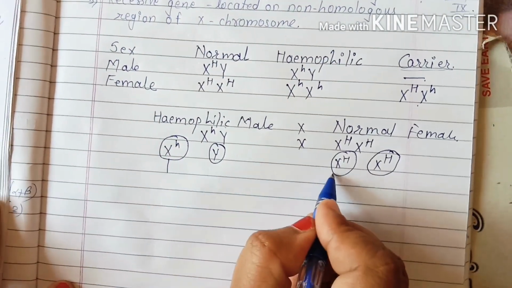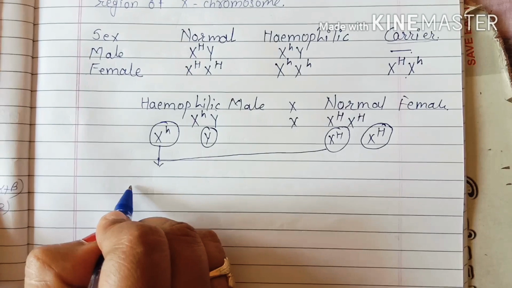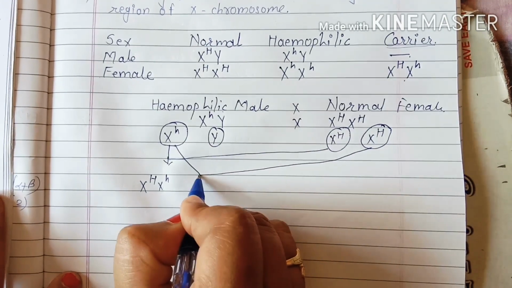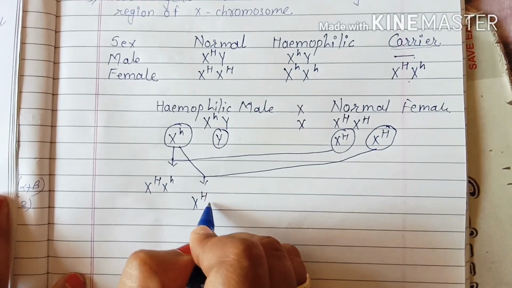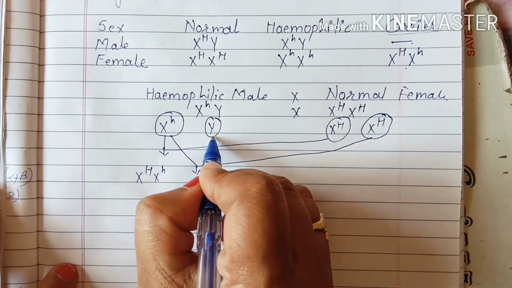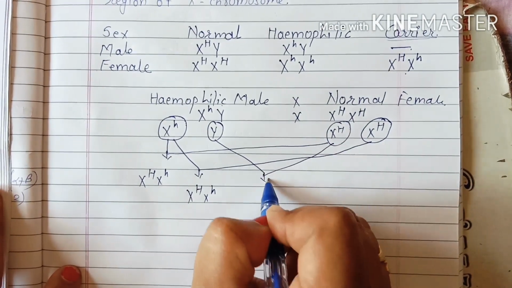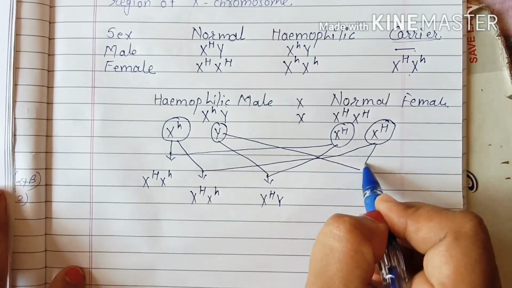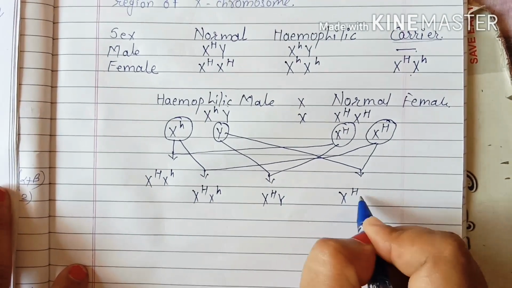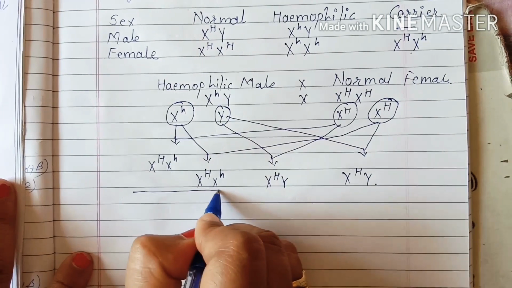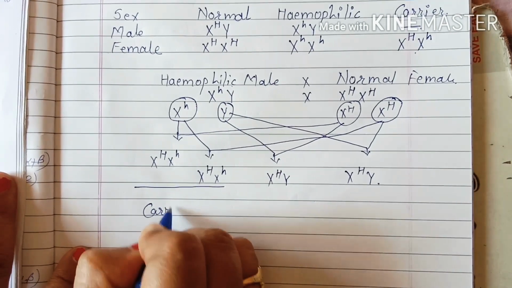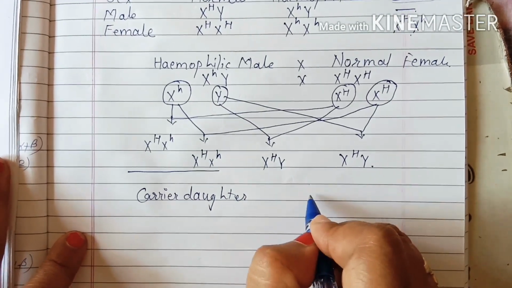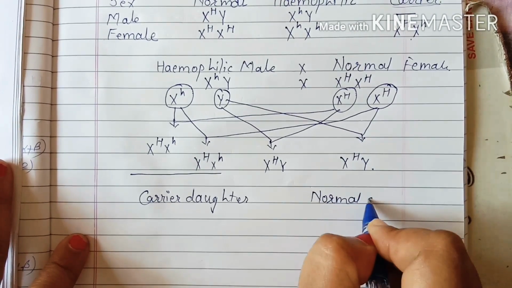So the combination is X capital H, X small h, again X capital H, X small h, again X capital H, Y, and X capital H, Y. That means here there are carrier daughters and here there are normal sons.